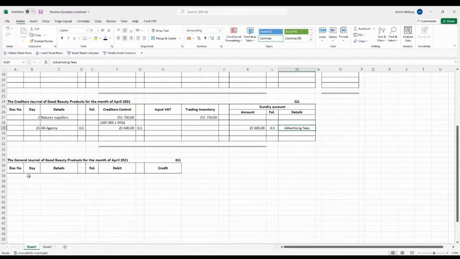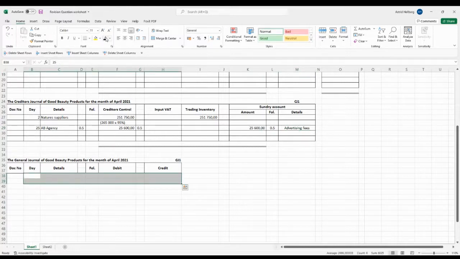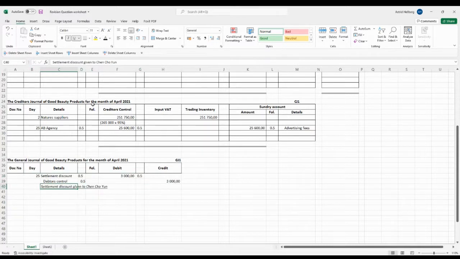So we reduce the debtors balance and we then reduce the sales value. Sales debtors control is the settlement discount. So we're reducing the sales value because they haven't actually paid us that, they've paid us less than that amount.